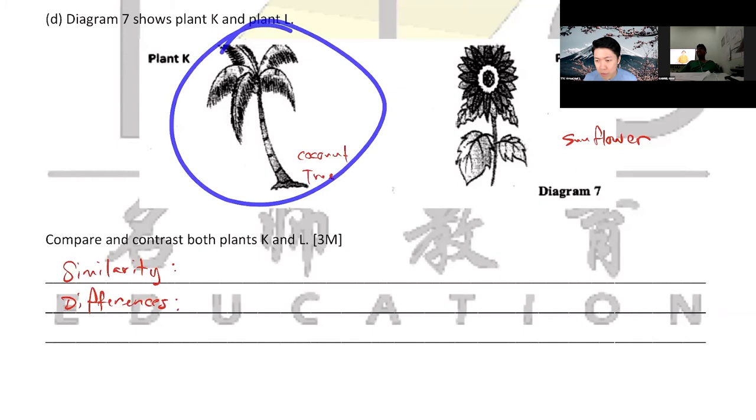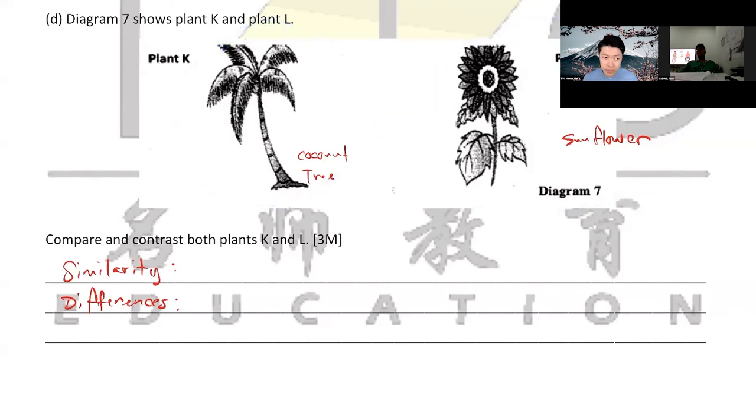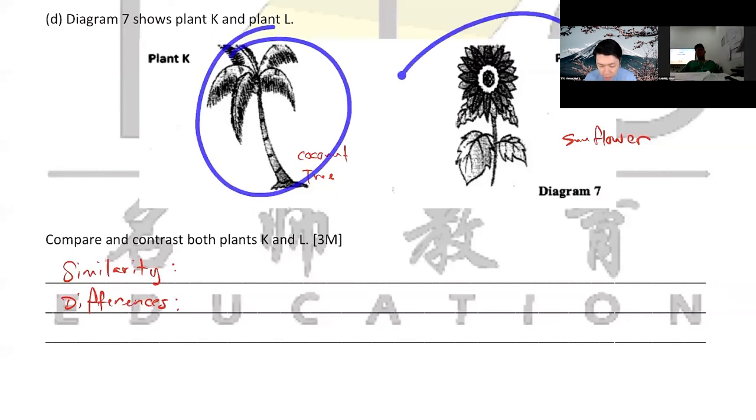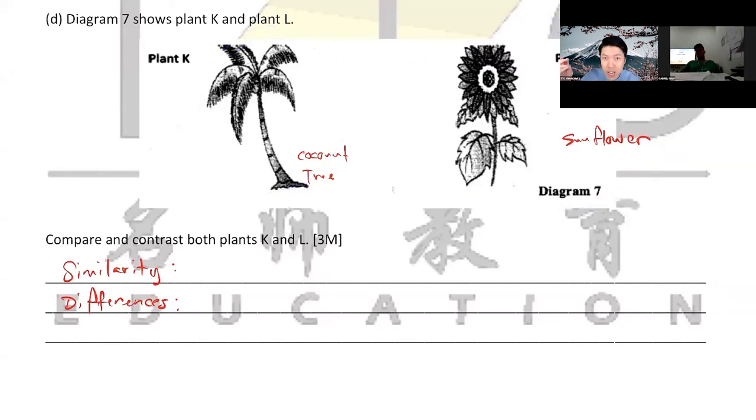So what do you think? Coconut and sunflower belong to? Correct. Flowering plants. Both of them belong to flowering plants, right? Coconut is the fruit lah. Got fruit means got flower one lah. This is also the sunflower, also got the seed lah. So the similarity between both of them is that they both produce flower. We don't say both are flowering plant. That's not the characteristic.